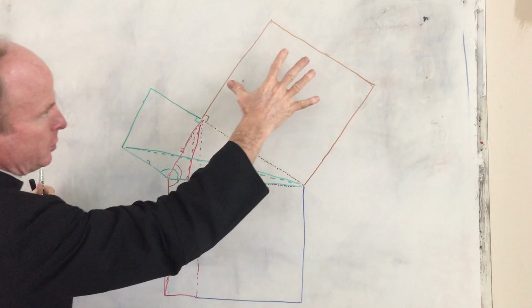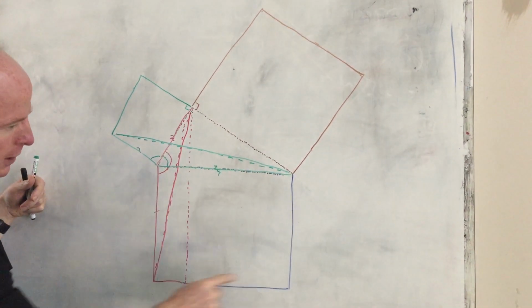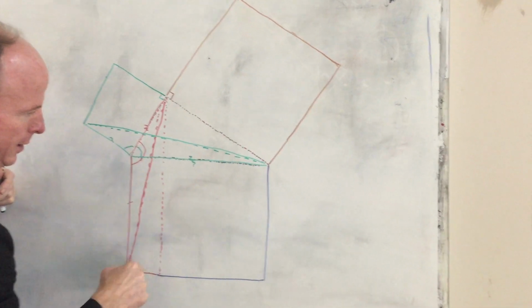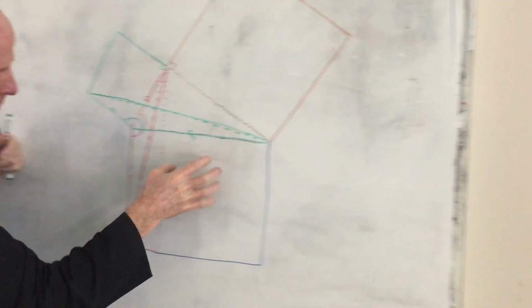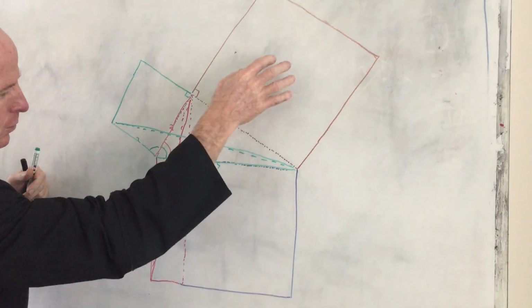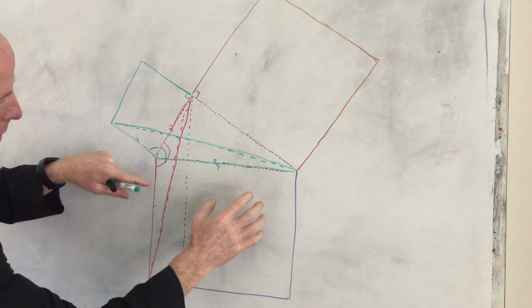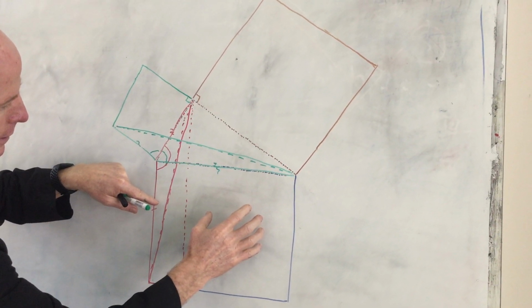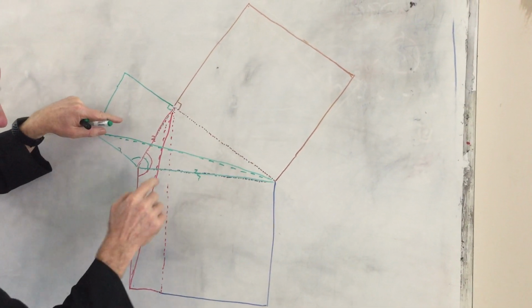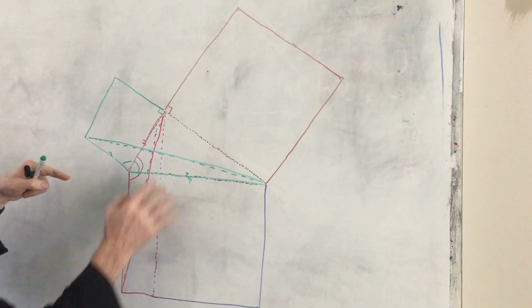But earlier it was shown that this square is equal to this parallelogram. And this whole parallelogram, that is to say this square, is made up of this parallelogram and this parallelogram. Okay? So if this equals this, and this equals this, equals added to equals, the wholes are equal.